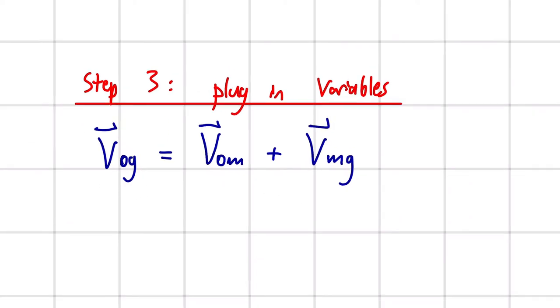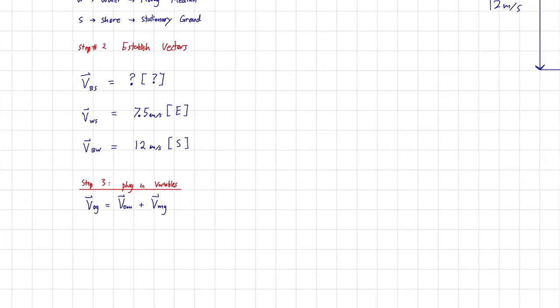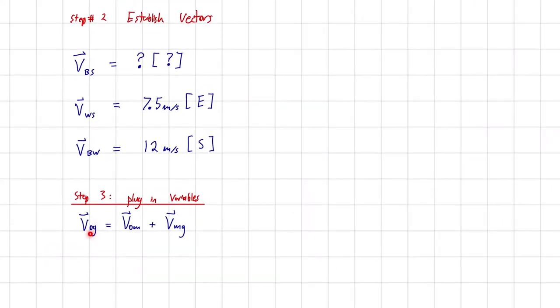All right, so now in this case, let's write this equation with these variables. The object to the ground, well, that's our boat to the shore.